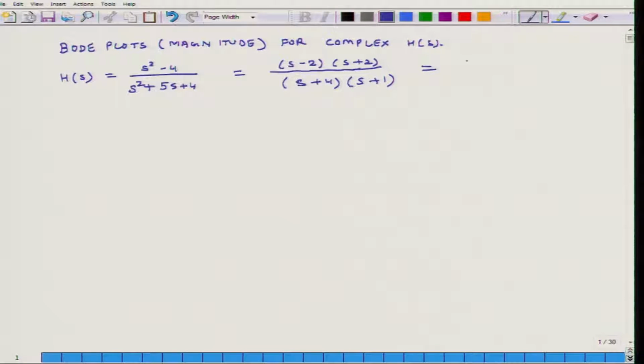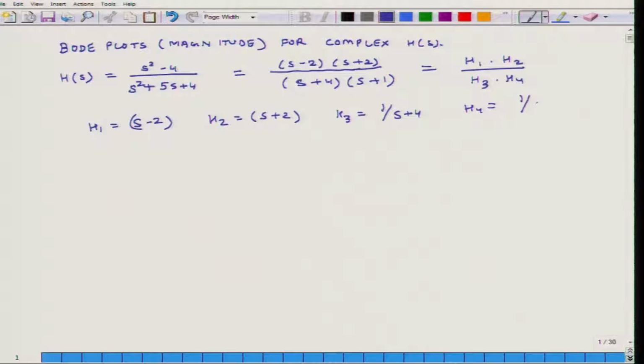So, I can write this as a transfer function h1 times a transfer function h2 divided by two other transfer functions h3 and h4, where h1 equals s minus 2, h2 equals s plus 2, h3 equals 1 over s plus 4 and h4 equals 1 over s plus 1.